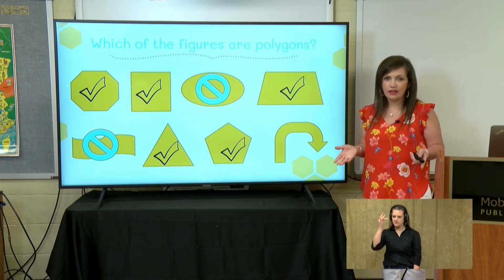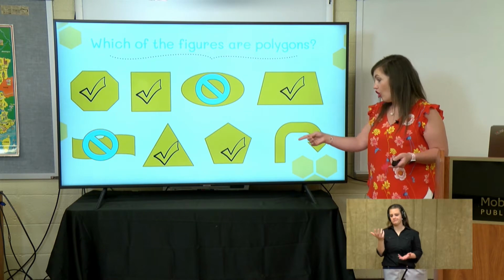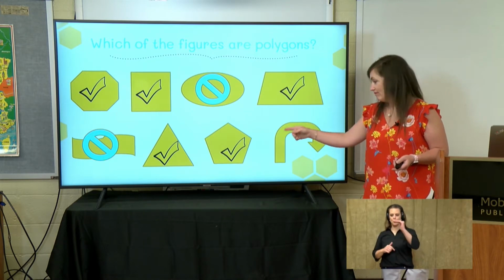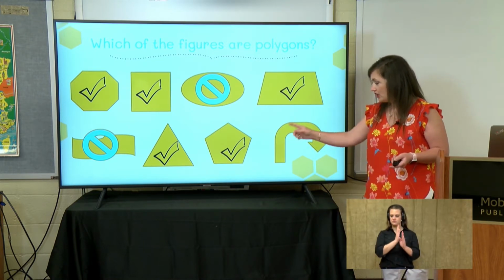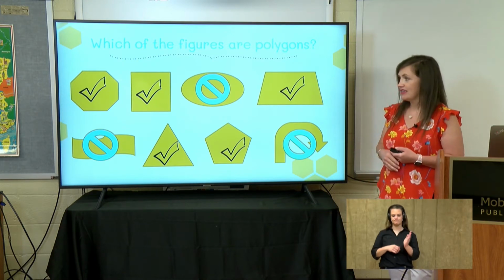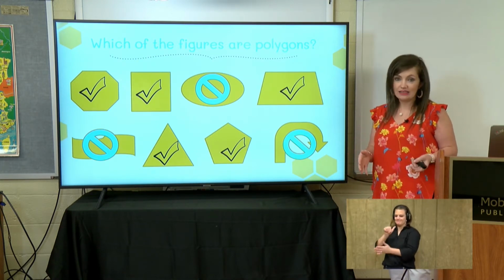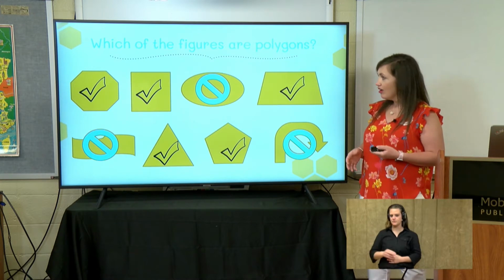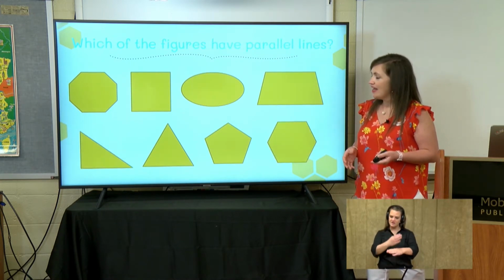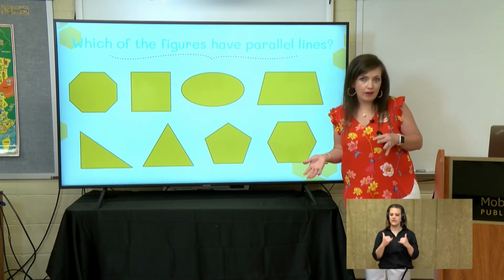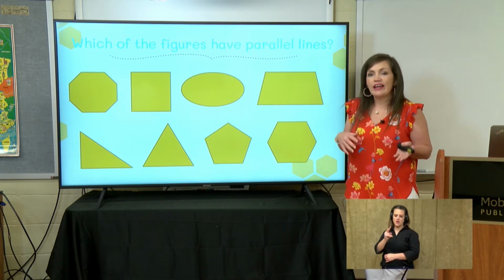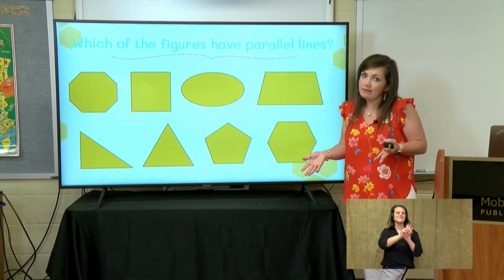Why is it not a polygon? Well, all of the sides aren't straight, are they? There's some curved lines in there, so that makes it not classified as a polygon. All right, great job, guys. Now we've talked about what a polygon is, and how to identify or classify polygons.